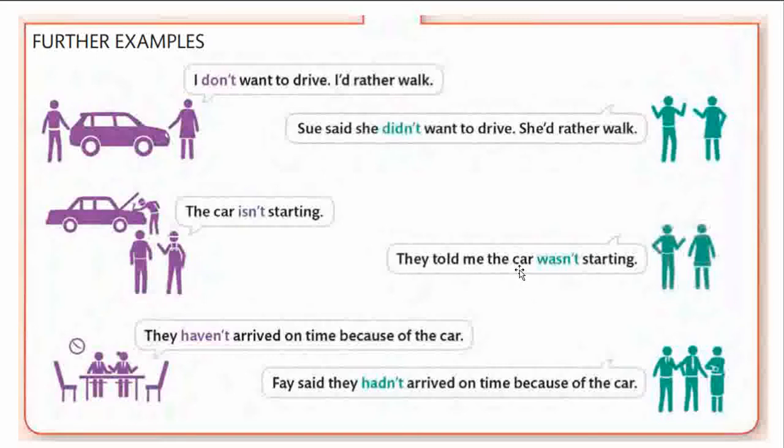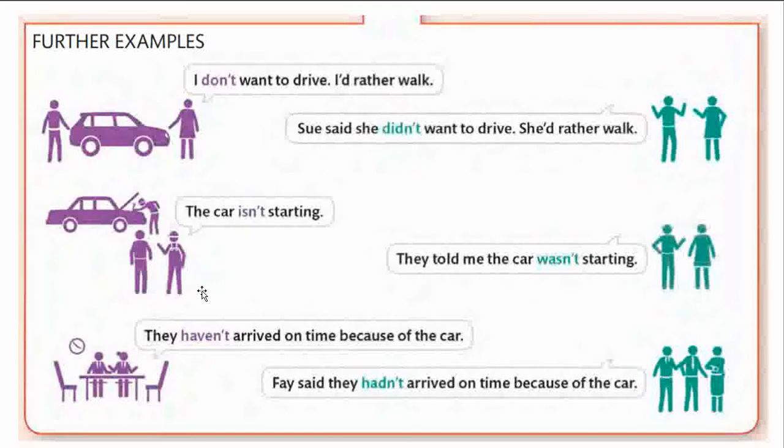They told me the car wasn't starting. You can see the word that is dropped, that is ellipsis, and told is brought in over here, and told has an object of the verb. Told me is there, and the isn't changes to wasn't. So the construction is, they told me the car wasn't starting.